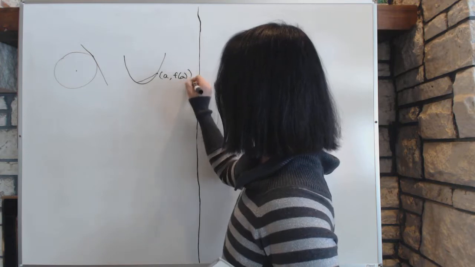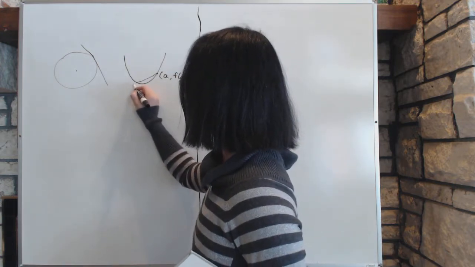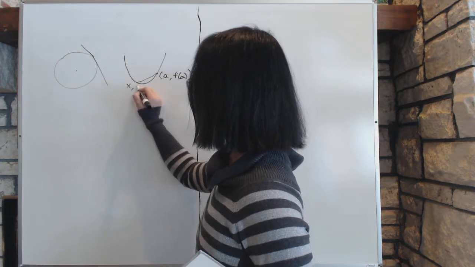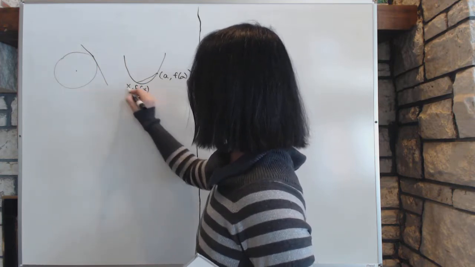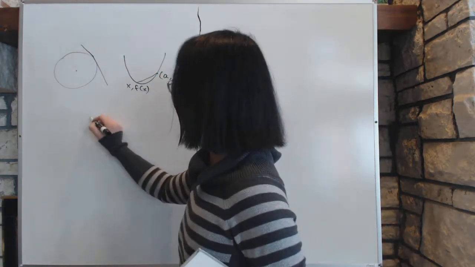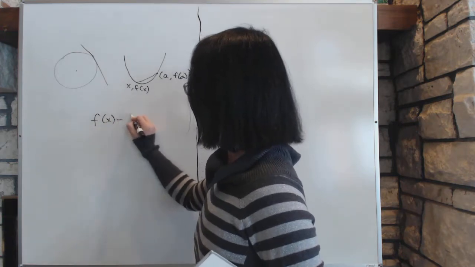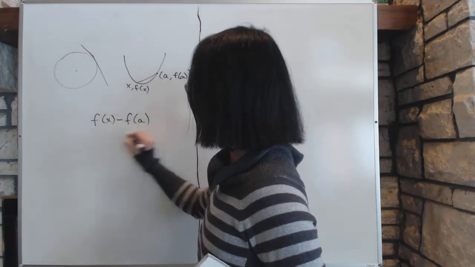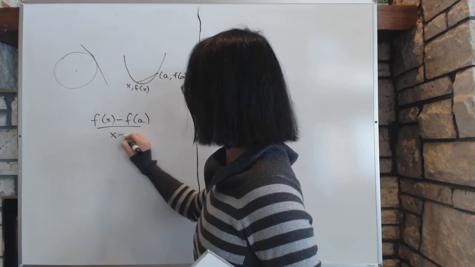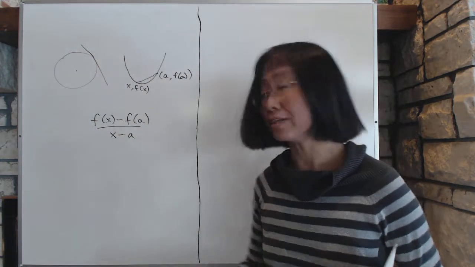Considering this parabola as f, this is just x, and then of course f of x. This is moving, this is fixed. So then the tangent line is defined as f of x minus f of a divided by x minus a. That is the slope of the tangent line. That's the standard definition of the slope.